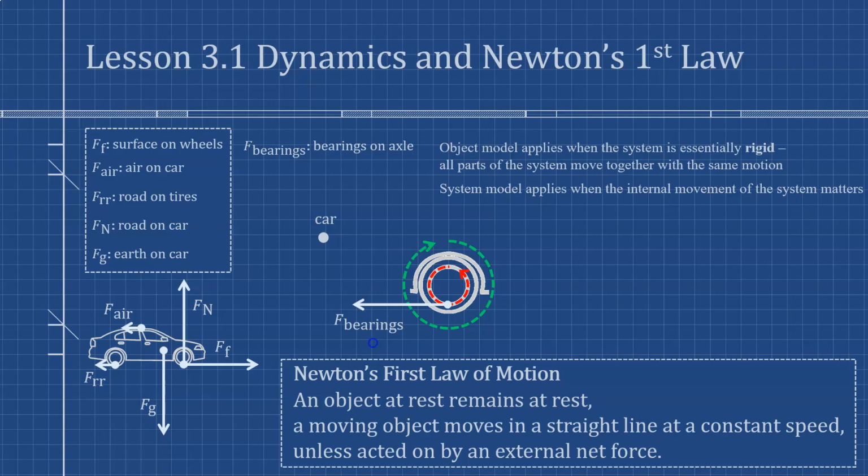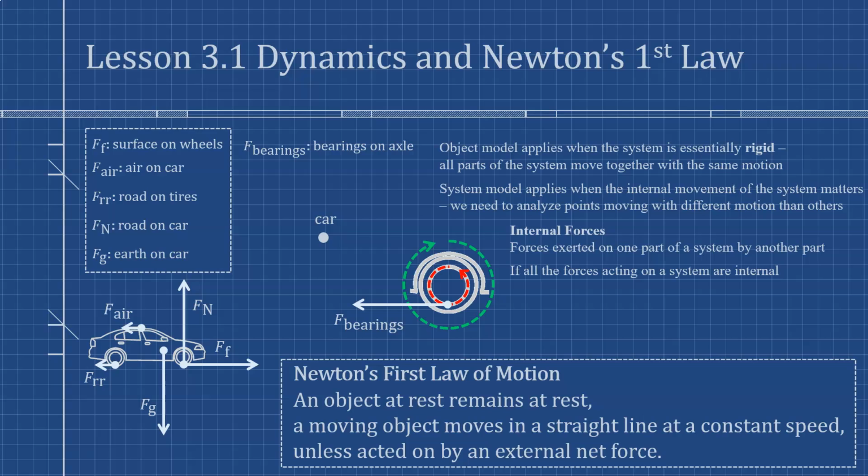when the internal movement of the system matters and we need to analyze all the points that are moving with different motion. In other words, we would need separate free body diagrams for each of the parts. We're considering the car to be an object, and that means that all parts of the car have to be part of the object. Internal forces occur when forces are exerted on one part of the system by another part of the same system.